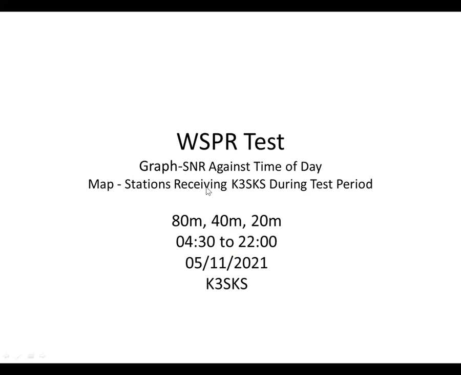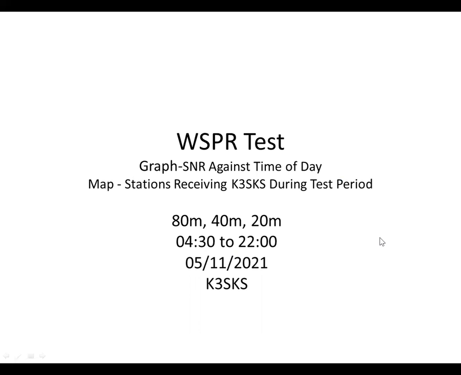Then there's another technology, or I should say mode, that's included with the FT8 software package, and it's called Whisper, which stands for Weak Signal Propagation Reporter. So I was wanting to study propagation for my house on 80, 40, and 20 meters.